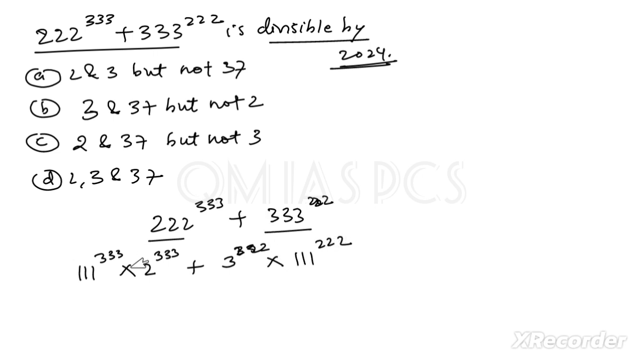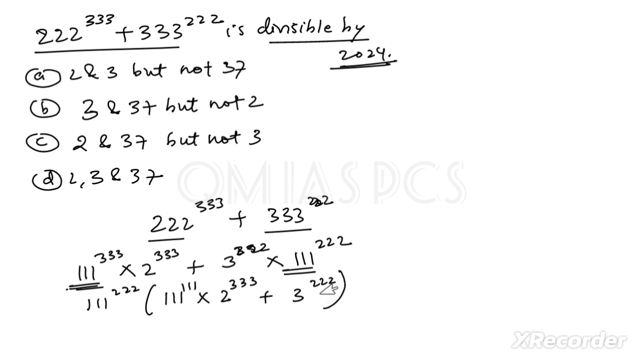Here we can take 111 common, and the power should be 222. Then inside it will be 111 power 111 multiplied by 2 power 333, and here 3 power 222.